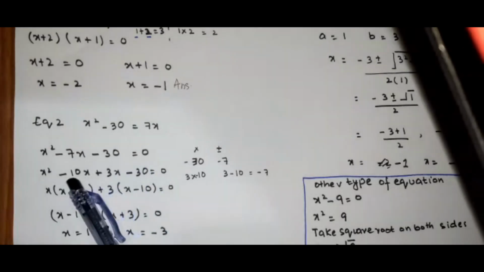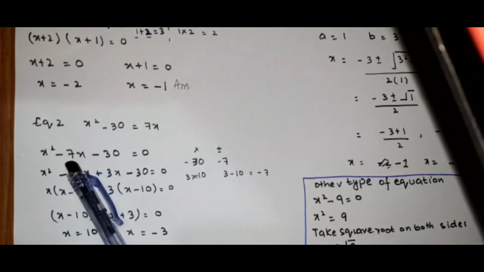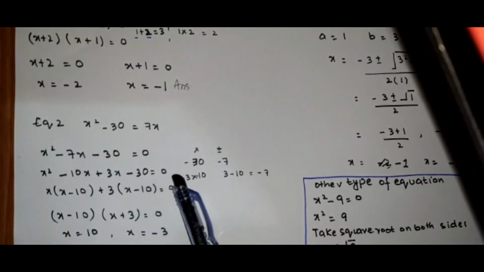So here you go with two numbers, negative 10 and 3. Negative 10x plus 3x add to give negative 7 and multiply to give negative 30. So the breakup of our middle term becomes x squared minus 10x plus 3x minus 30 is equal to 0.